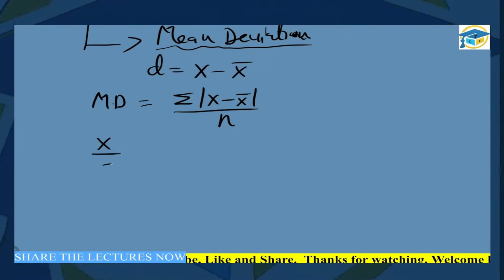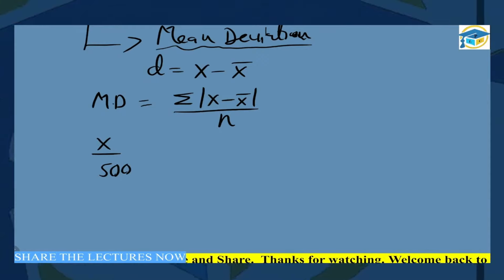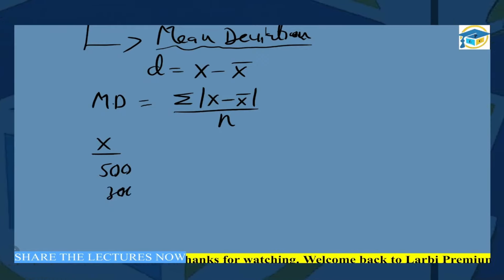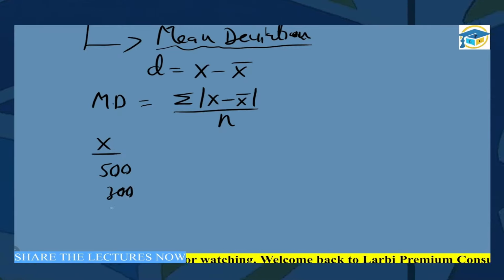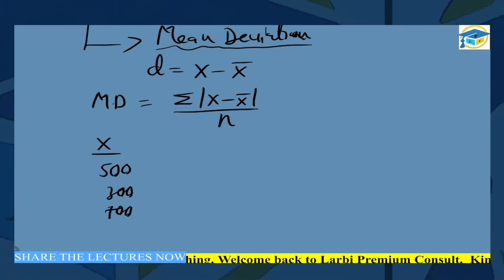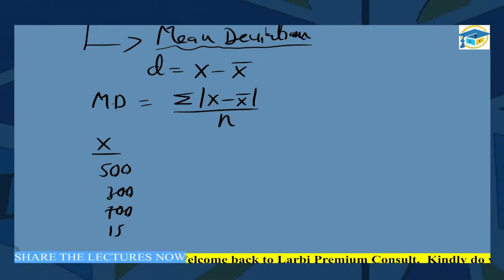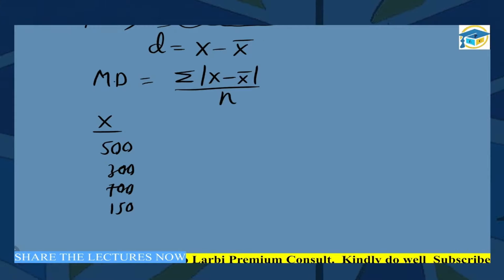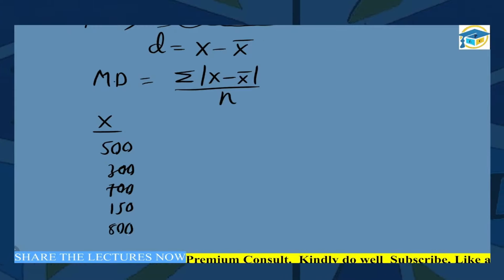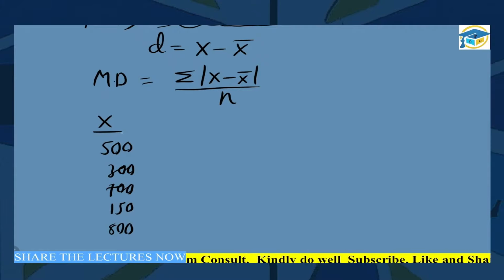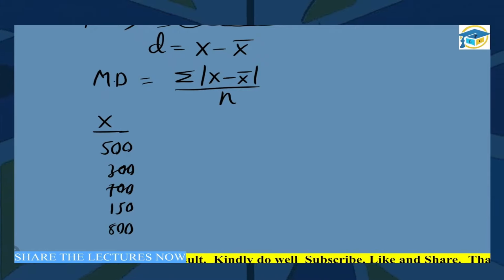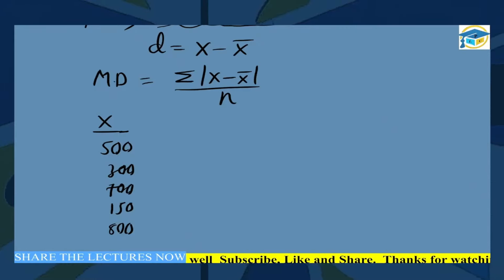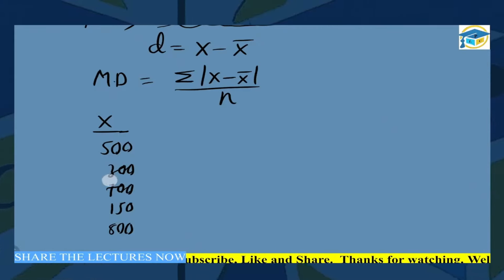We're having 500 for the year 2010, and then 300, 700, then 150, and 800. So these are the data values of their profit from the year 2010 to 2014.